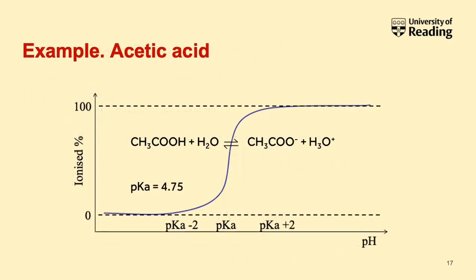Looking at this example here in a bit more detail, we have acetic acid. You can see that it has very low ionization at low pH, and then as you increase the pH, the acid becomes charged, it forms its ionized form, and that increase in ionization will increase its solubility.